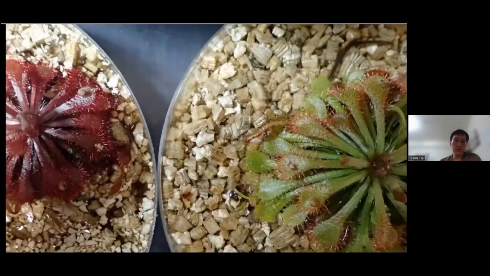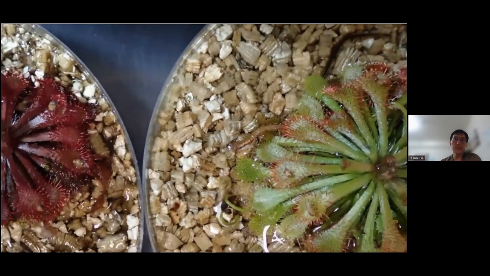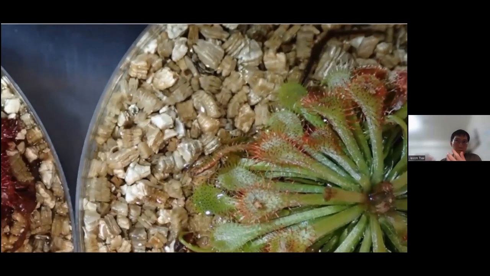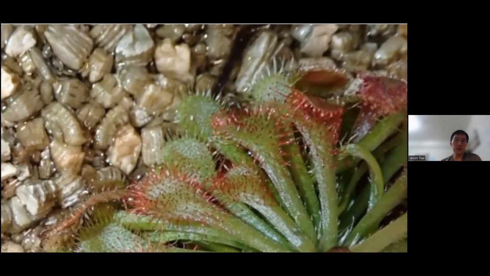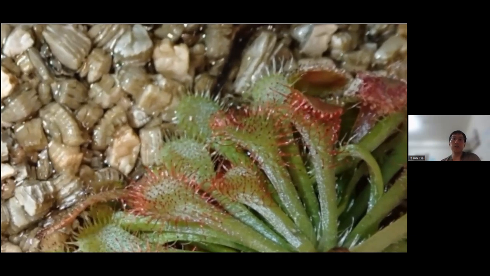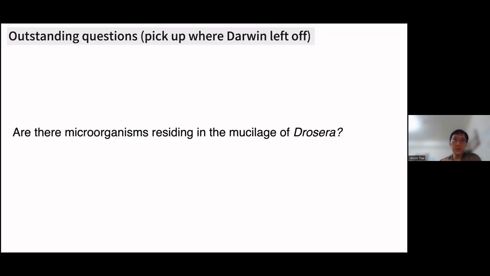Here's a quick video of how an ant was trapped by the mucilage in the lab. And again, for the audience here today, I wouldn't need to mention that the leaf will reopen once the digestion process is completed.